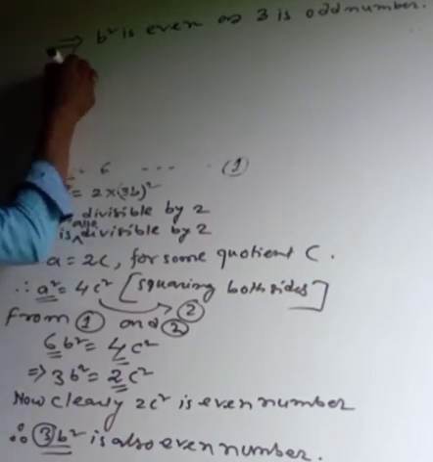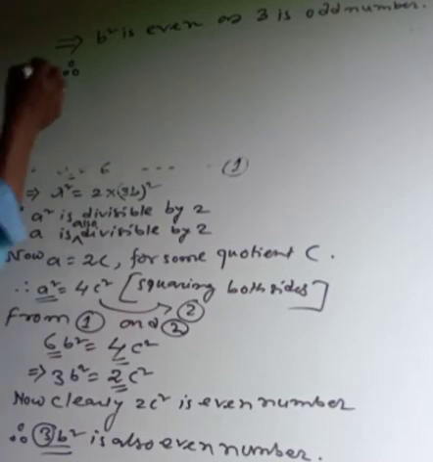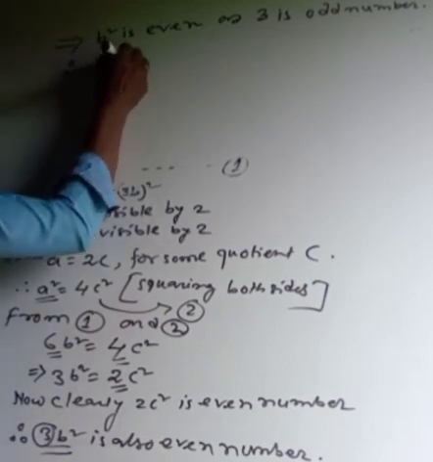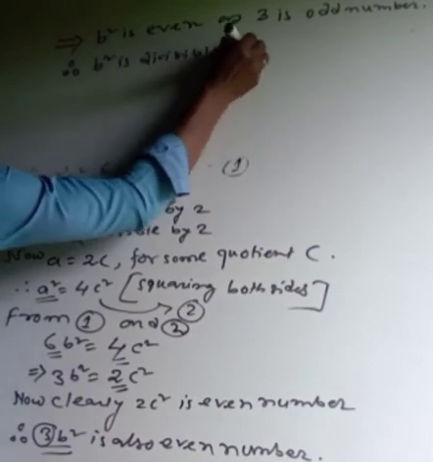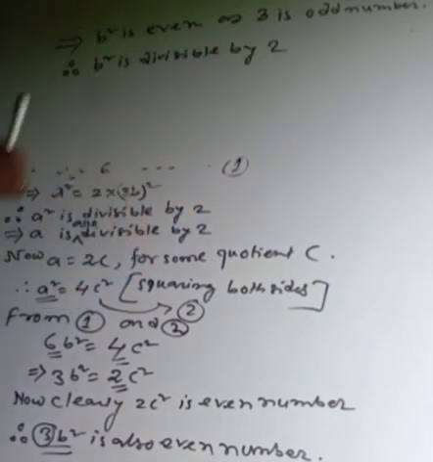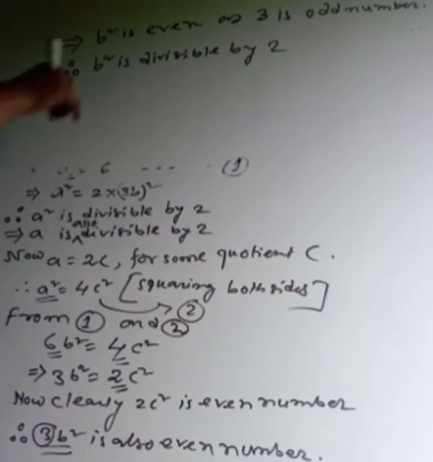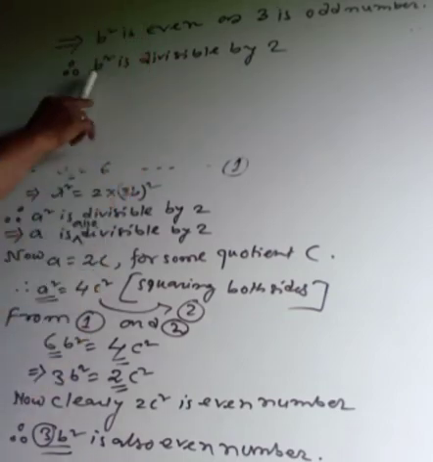Therefore b square is divisible by 2. Since this b square is an even number, it will divide by 2 only. It is divisible by 2.